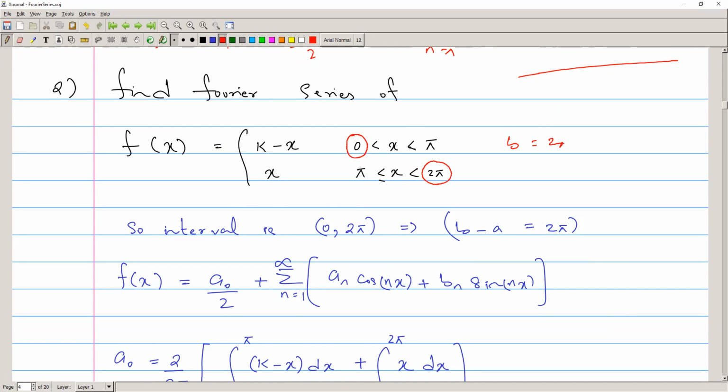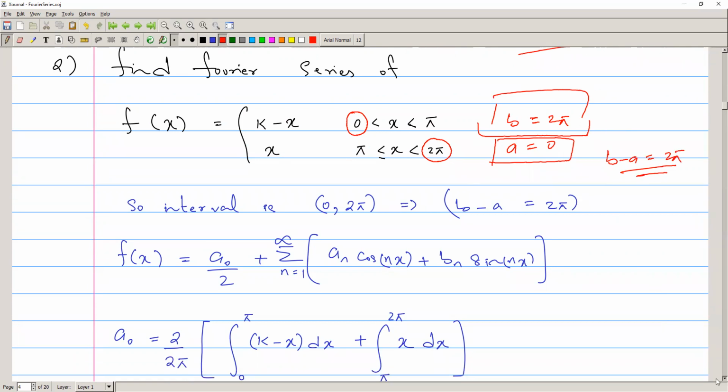So b will be equal to 2 pi, a will be equal to 0, right? In every problem of this type, whenever you are given a piecewise function, you have to check the greatest value and the least value, right? So you should be aware of selecting these intervals, right? So b minus a is equal to 2 pi, right?